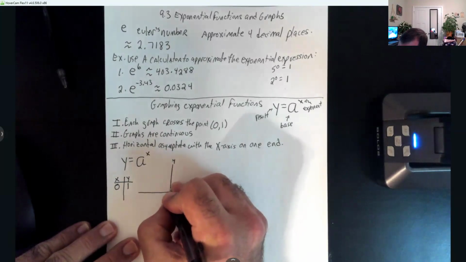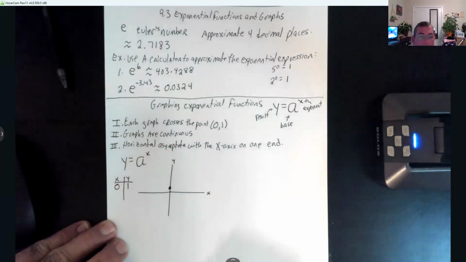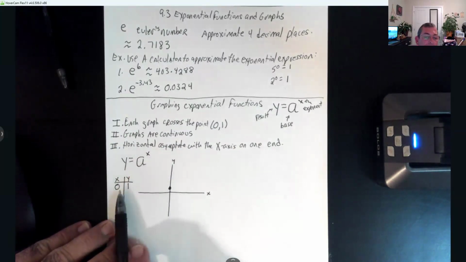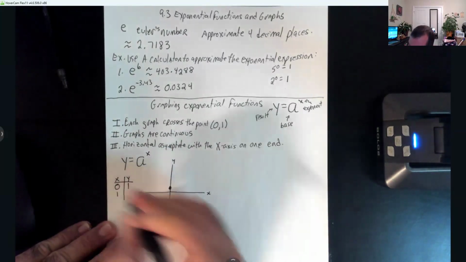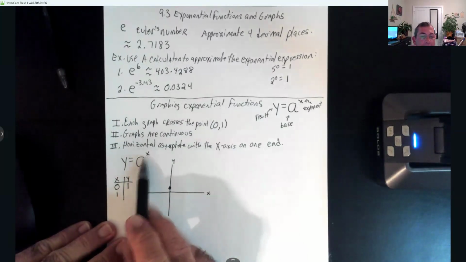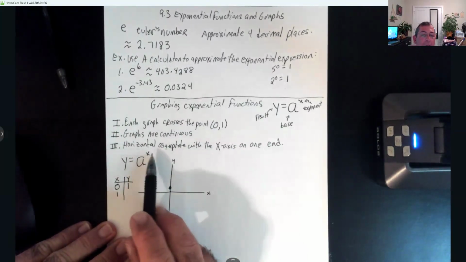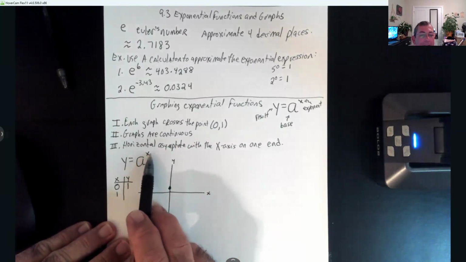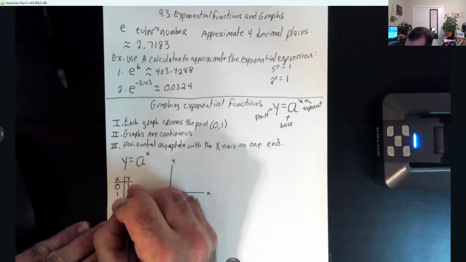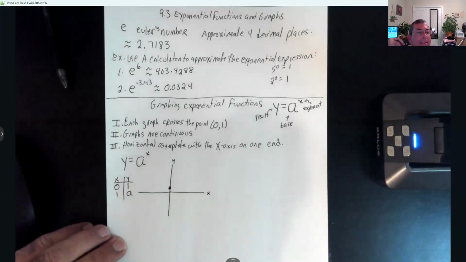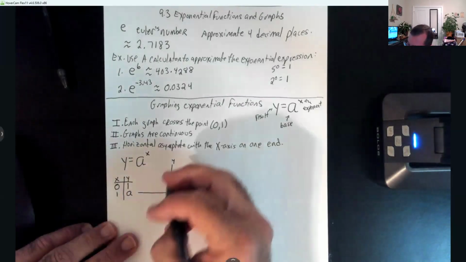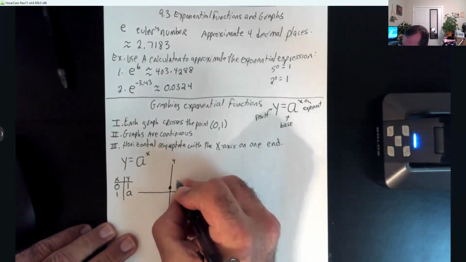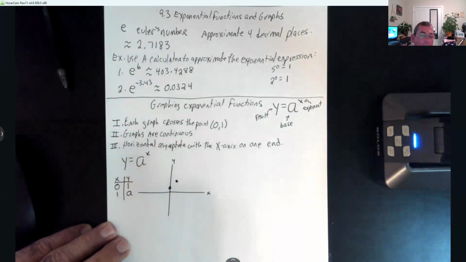So here at (0, 1), we would have a point. Now, anything to the first power, a to the first power, no matter what a is, if you raise it to the first power, it will be itself. Okay? So that means over here at 1, whatever a is, I'll be up to that point.